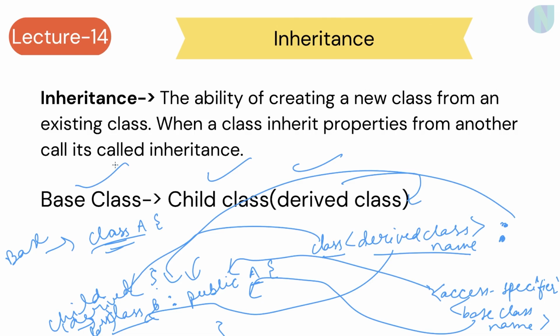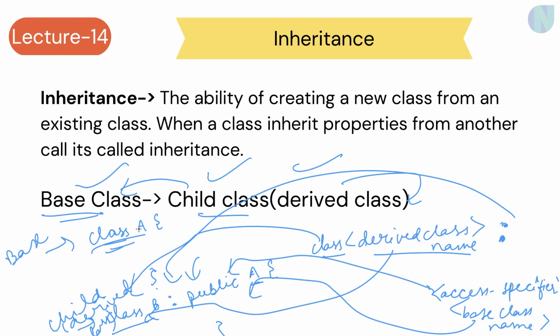When we say the derived class is inheriting properties from the base class, it means the child class is inheriting all the properties of the base class. Whatever properties are present in the base class, all of them are derived by the child class without any change, without any additional feature added. Whatever is present in the base class is present in the child class without any modification.